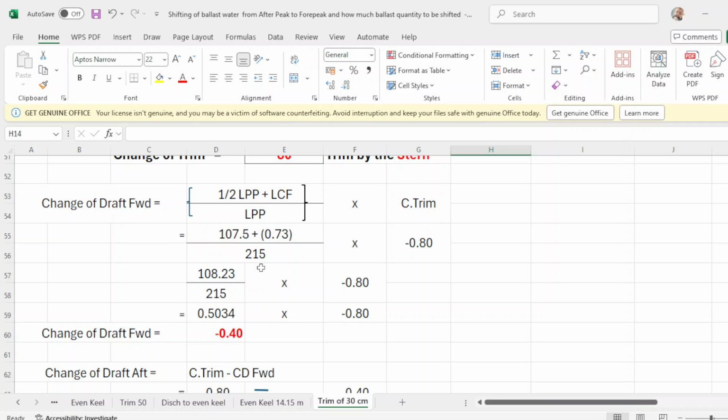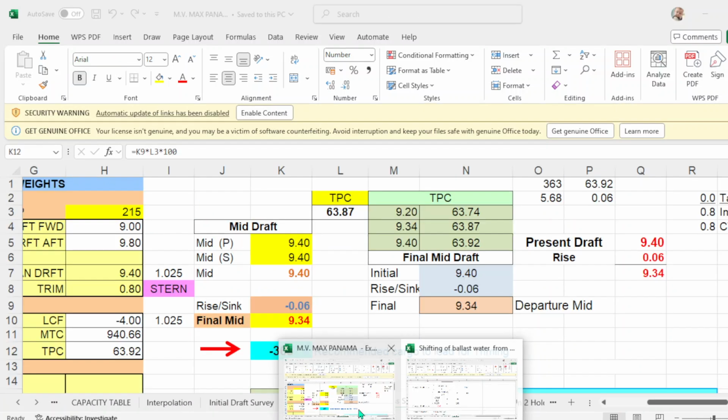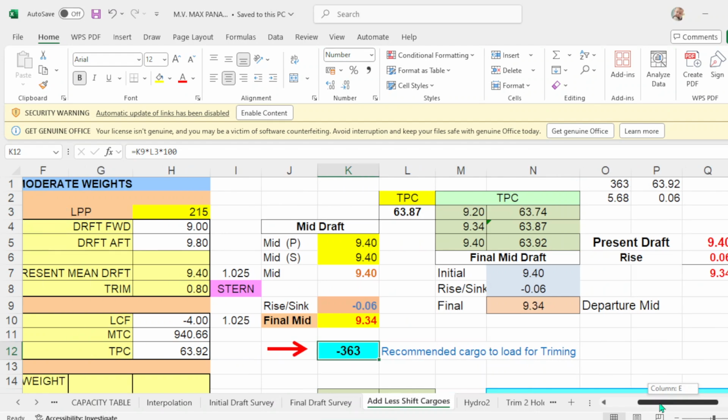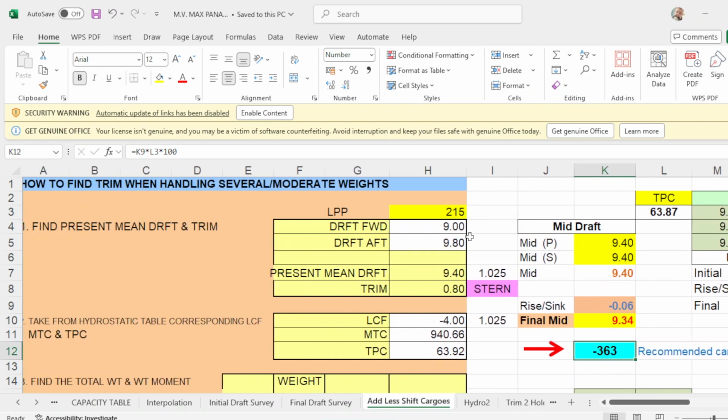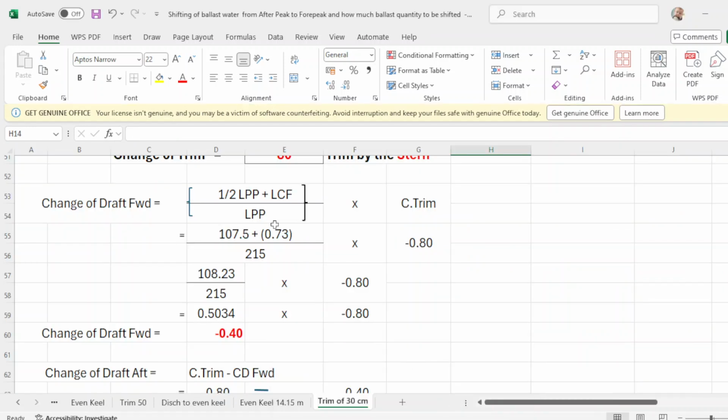Your LPP, length between perpendiculars, is 215. 1/2 of 215 is 107.5, plus your LCF.